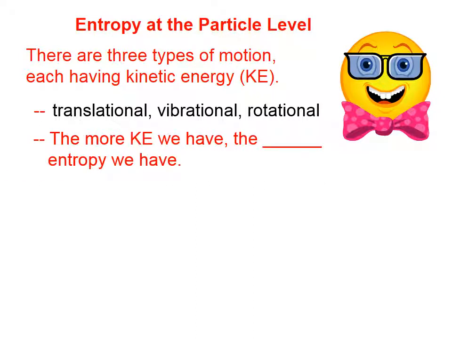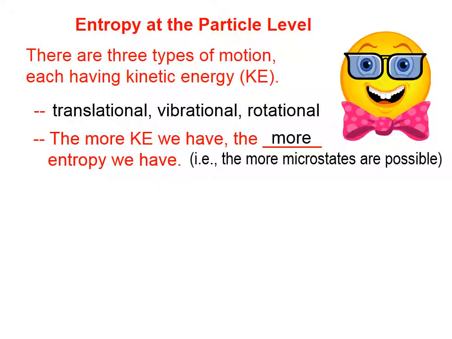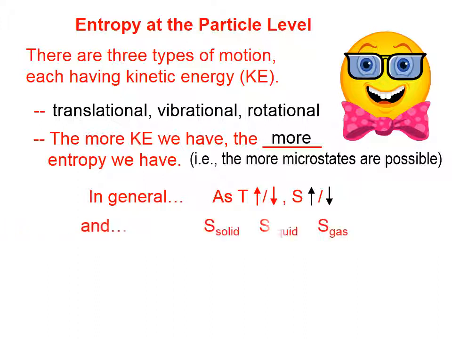The more kinetic energy something has, the more entropy it has. The faster things are moving, the more chaos there is, or the more microstates are possible. So in general, as the temperature increases, so does disorder, so does the entropy. As the temperature decreases, so does the disorder, so does the entropy.